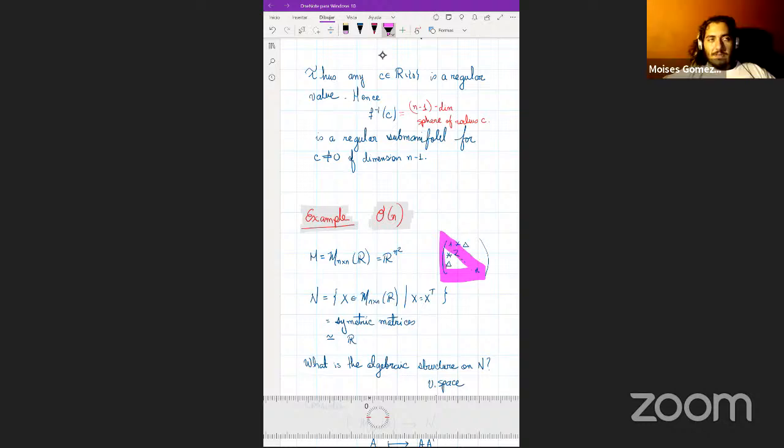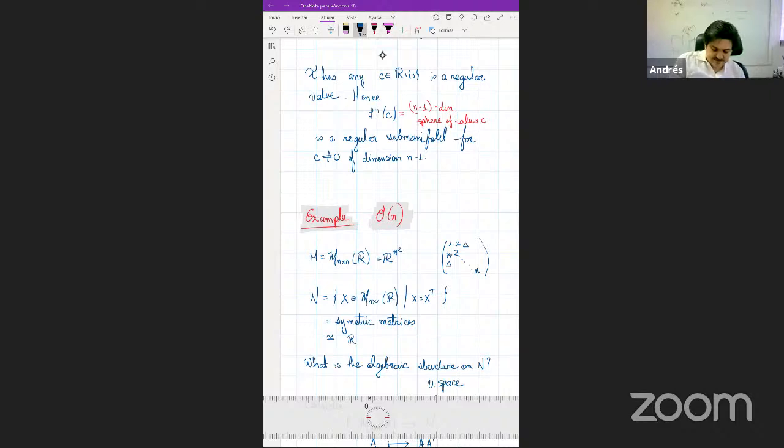The sum of all k from 1 to n, which is n times n plus 1 over 2. So that's the dimension of the vector space of n by n symmetric matrices.